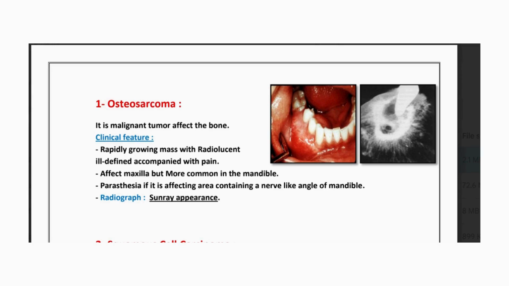So the patient comes to you and you don't know it's osteosarcoma, but the patient presents with a rapidly growing mass in, say, the lower premolar region of the mandible, okay, and the patient is having pain and a bit of numbness, and what do you think it is?